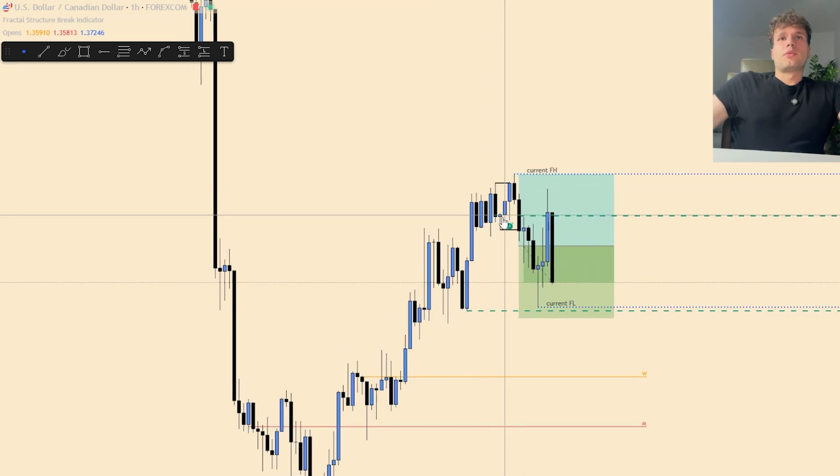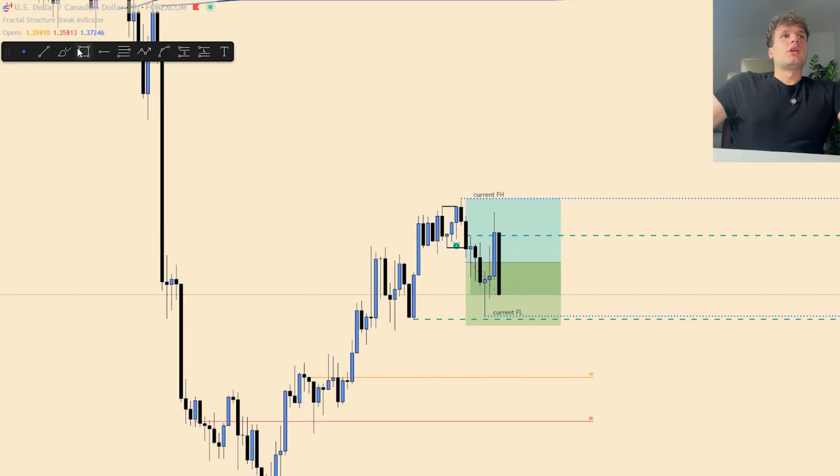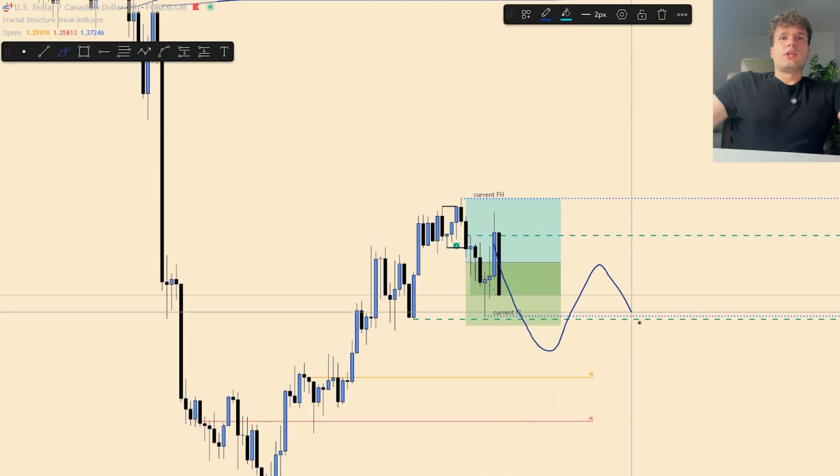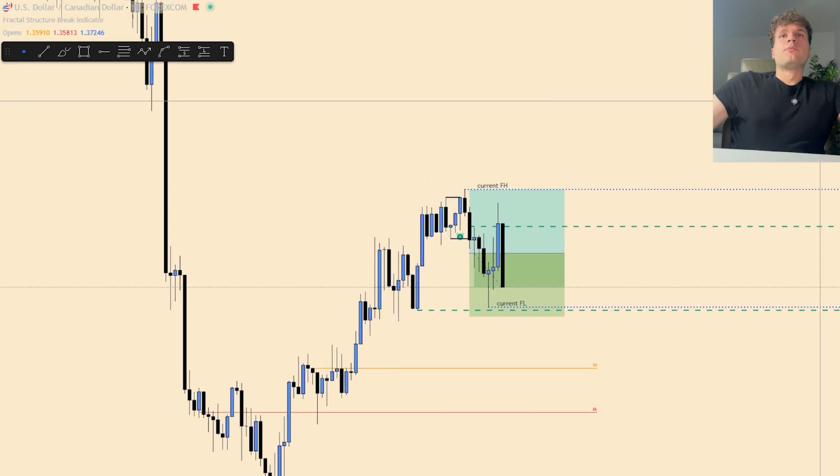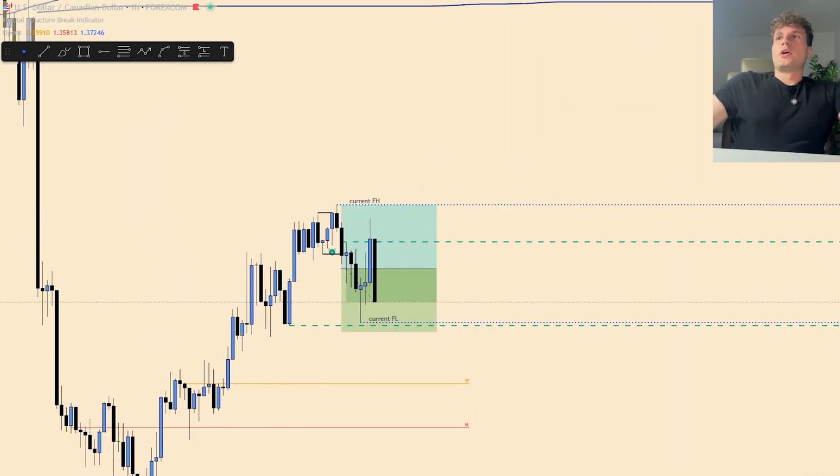And we saw a break up and a break down on the fractals, and I see that if we still continue this trend up, or if we then switch, I still get TPs. I still get a high chance of getting a TP. So this is kind of the idea behind it.